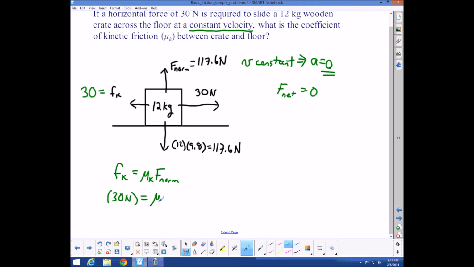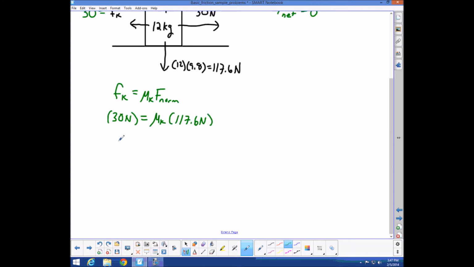We're looking for the coefficient of kinetic friction, and we know that the normal force is 117.6 newtons. So then dividing 30 by 117.6, we get that the coefficient of kinetic friction is 0.255.